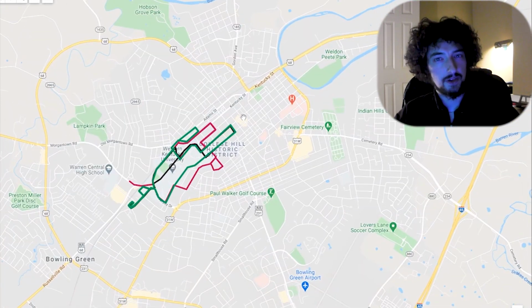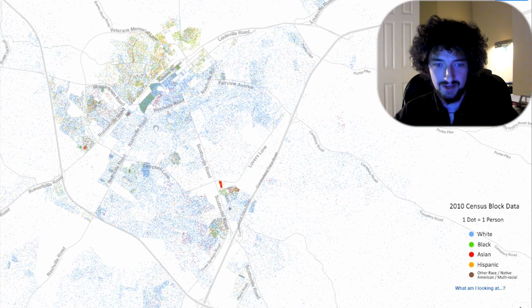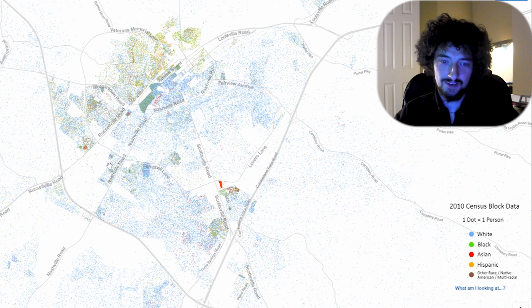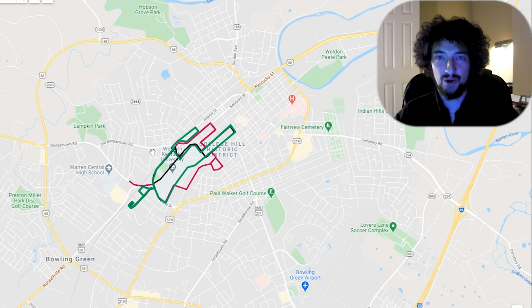If you notice, WKU's bus only goes to the majority white neighborhoods of campus. And what I mean by that is when we look at the racial dot map, WKU, most of that neighborhood is majority white. And so I'm looking for the areas that go across the railroad track, and there aren't any.